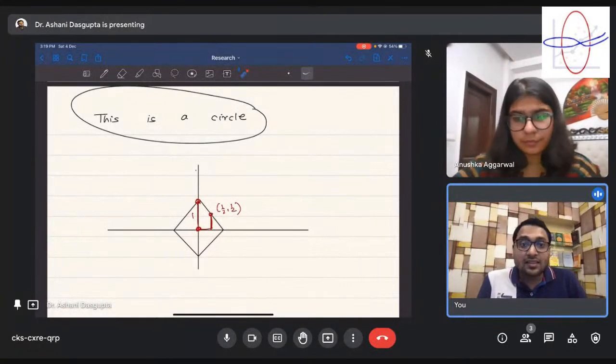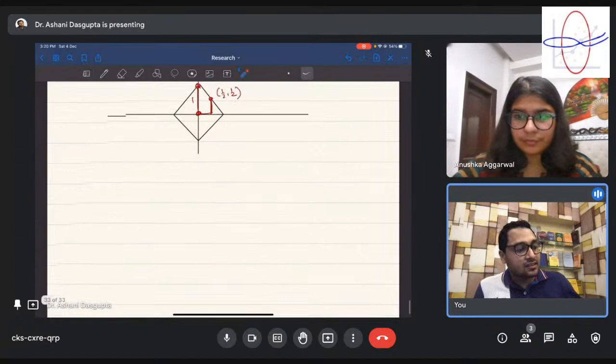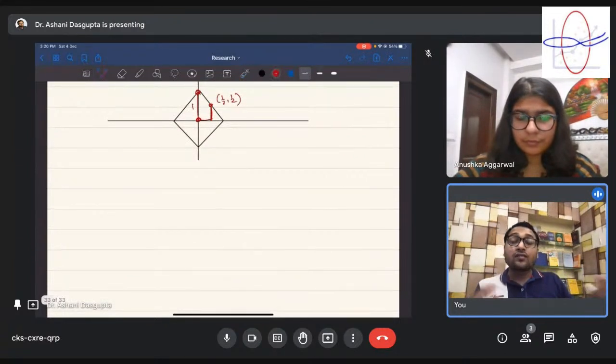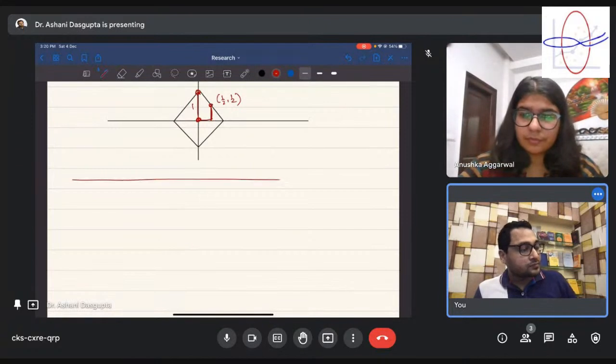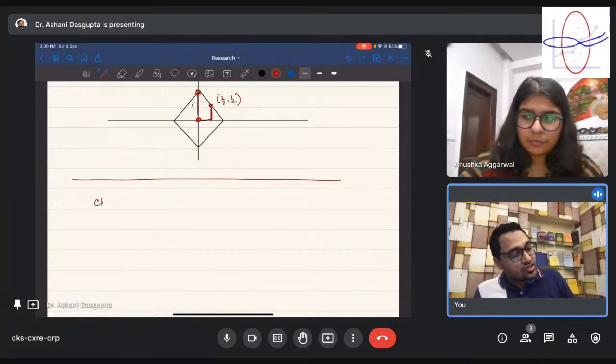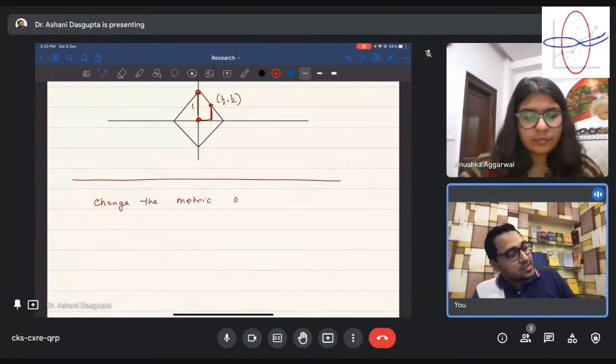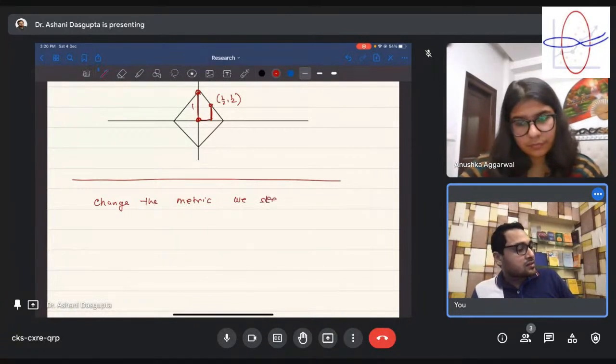So this is something that we discussed in the last class. Now we said that one of the reasons one can do topology is the following: when you change the metric, we see that shapes get deformed.